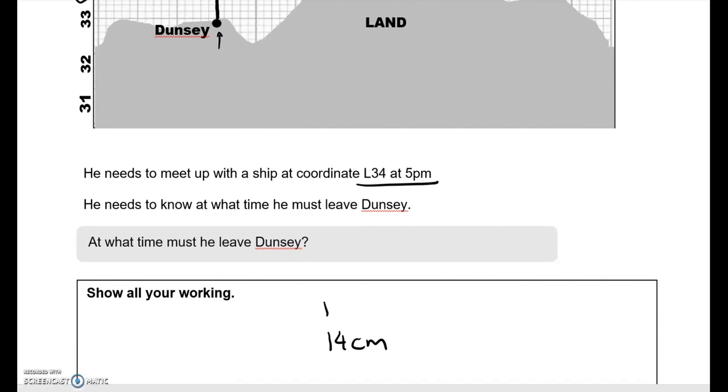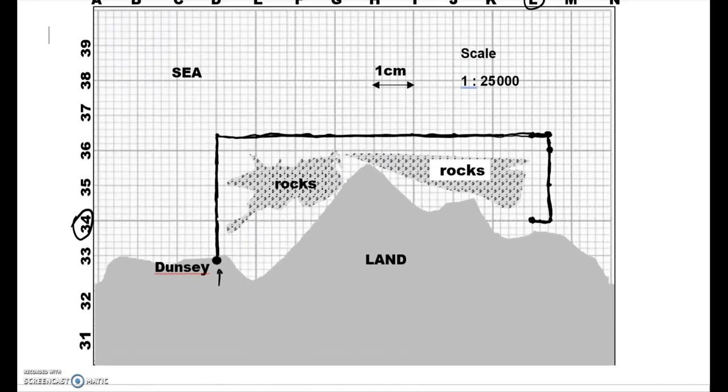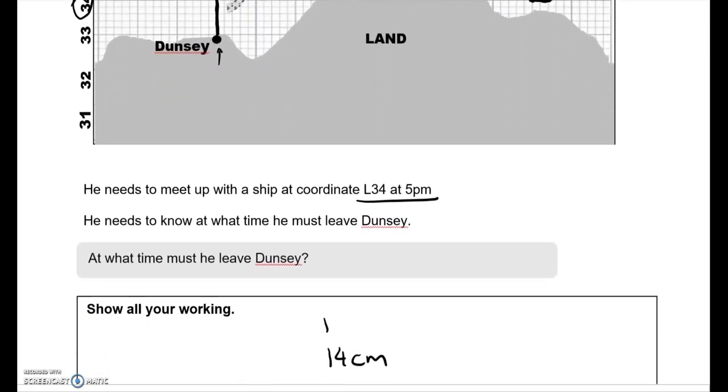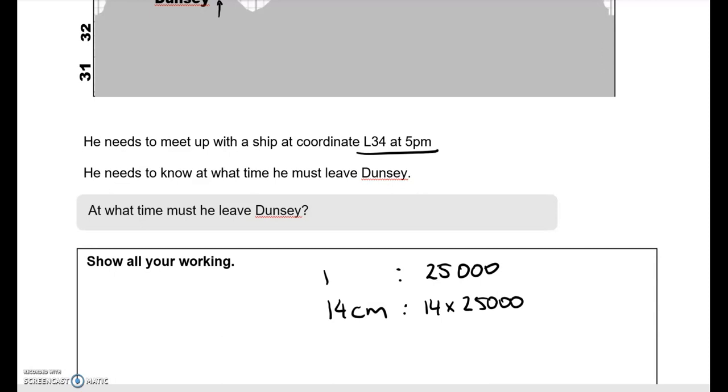The scale is 1 to 25,000. So if 1 centimeter is equal to 25,000 centimeters, then 14 centimeters on the map will be equal to 14 times 25,000 centimeters in reality.